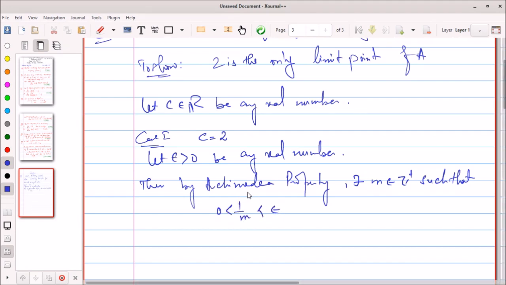So what does the Archimedean property say? It says that if I take any positive real number, then I will always be able to find a number of the form 1 by m between 0 and epsilon.